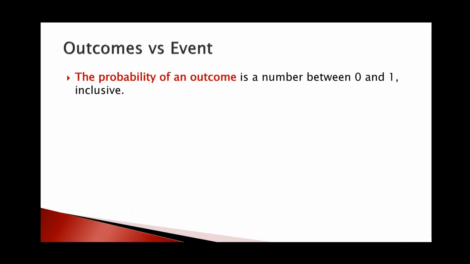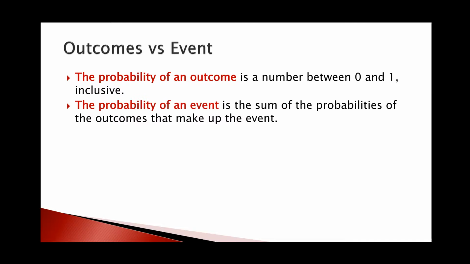The probability of an outcome is a number between 0 and 1 inclusively. That means it could be 0.1, 0.2, 0.333, 0.456, and so on. The probability of an event is the sum of the probabilities of the outcomes that make up the event.